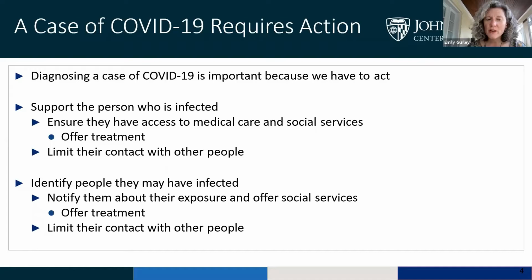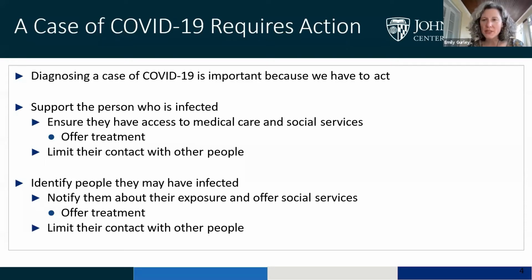And then we also take action to try to identify people who may have been infected by that case. Again, there is a public health benefit here: notifying them about their exposure, offering other social services that they may need, and one day maybe even offering treatment. Again, not something we have now, but could have in the future.